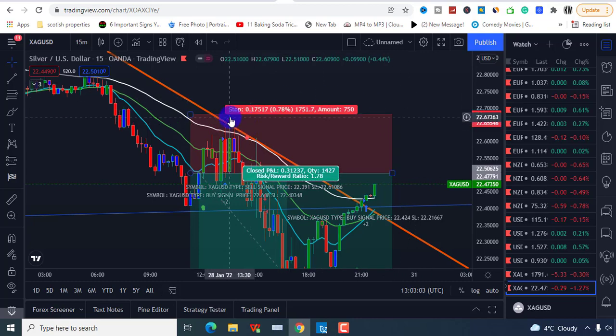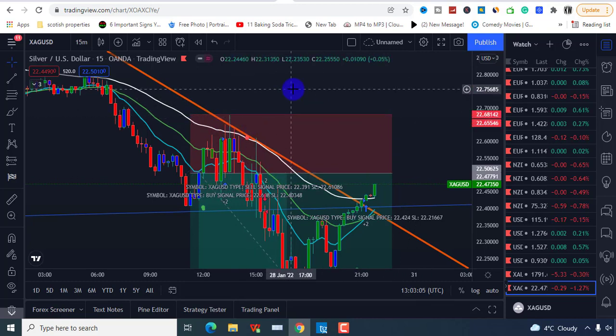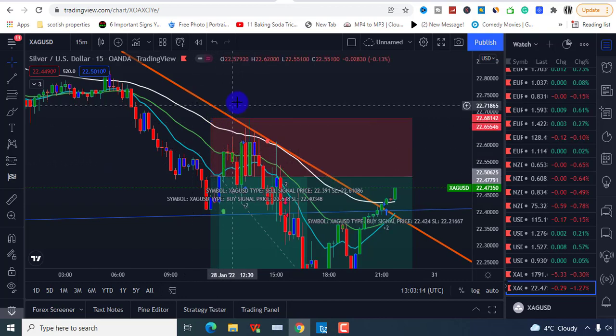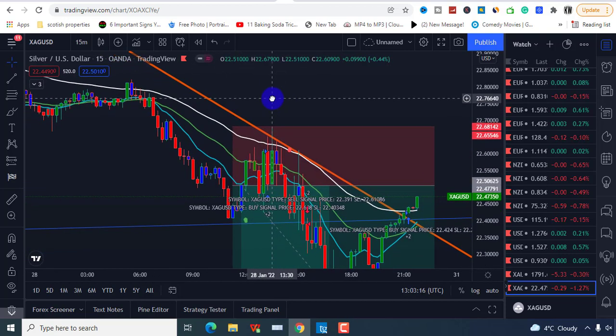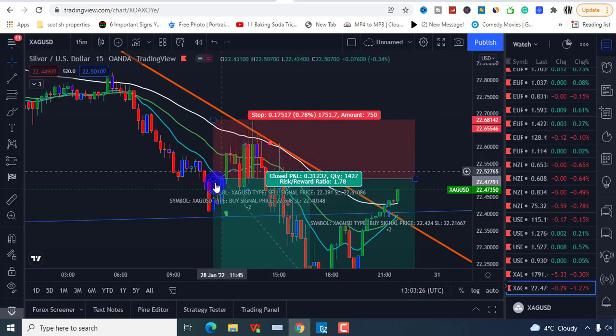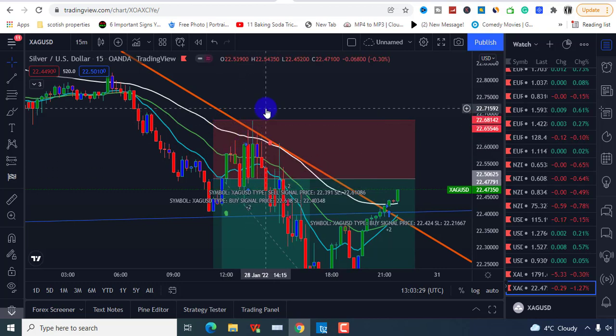So over here, am I getting out? No. I still hold this trade, because based on the overall trend, it is heading down. So it's more likely price continues downward than breaks the market structure and goes up.